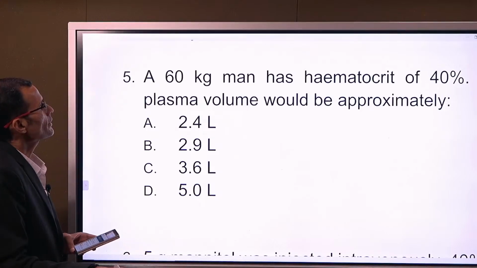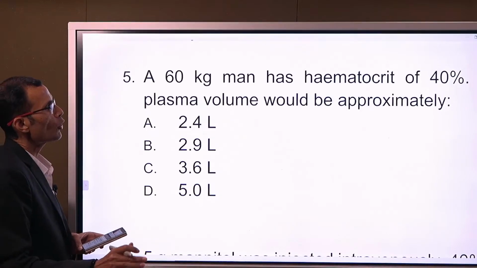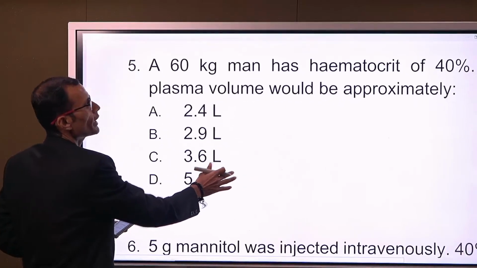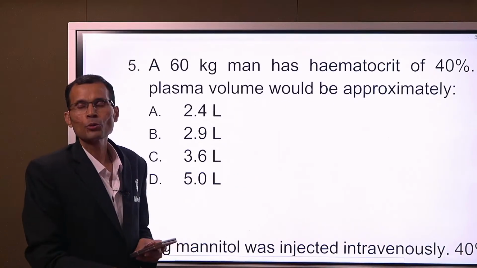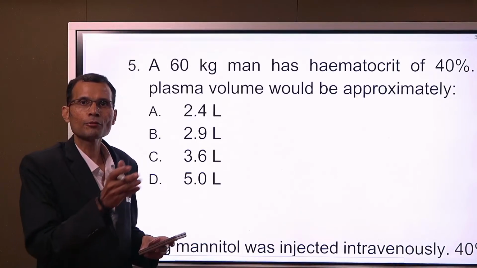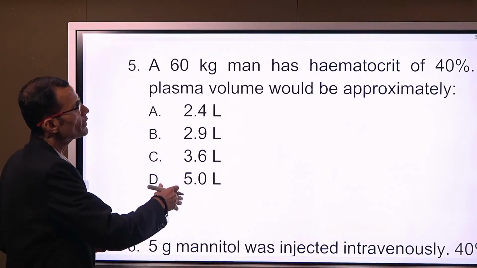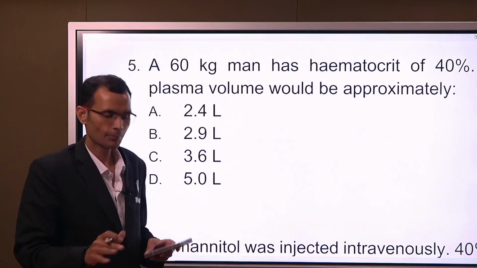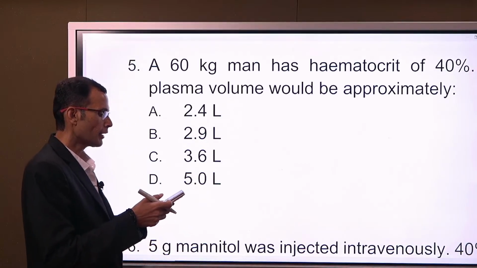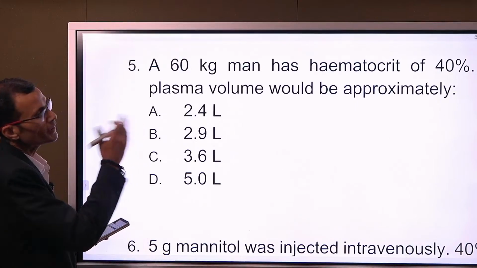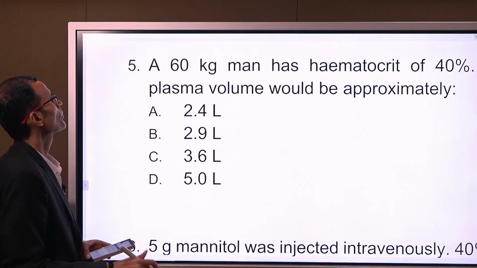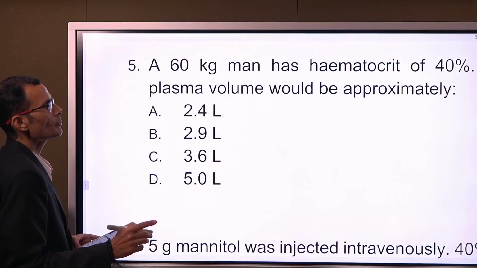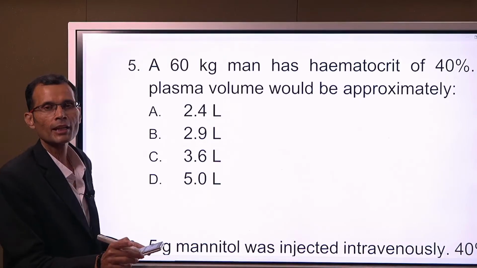MCQs. A 60 kg man has hematocrit of 40%. His plasma volume would be approximately. So if the hematocrit is 40%, that means the remaining 60% will be the volume of plasma. Can anyone think of this MCQ and try to answer? A 60 kg man has hematocrit of 40%. The plasma volume would be approximately how much?